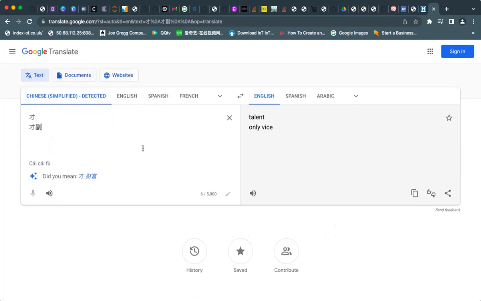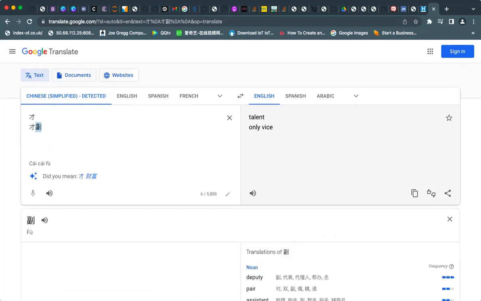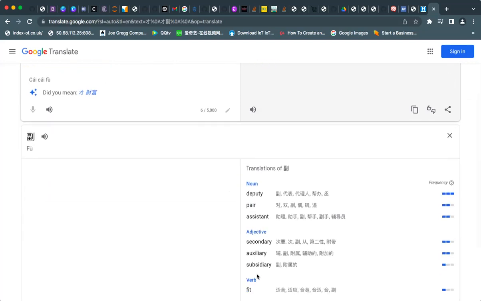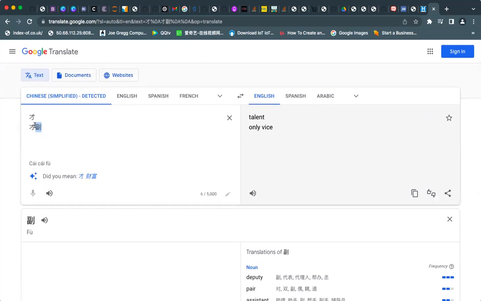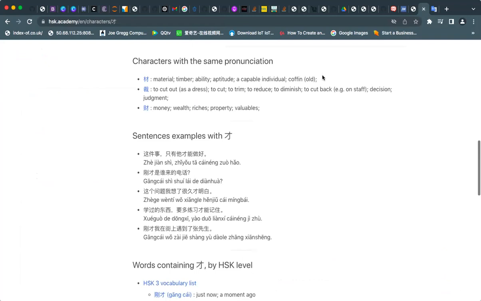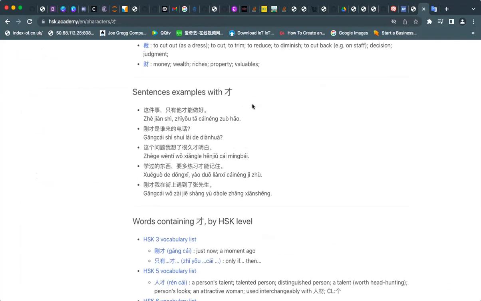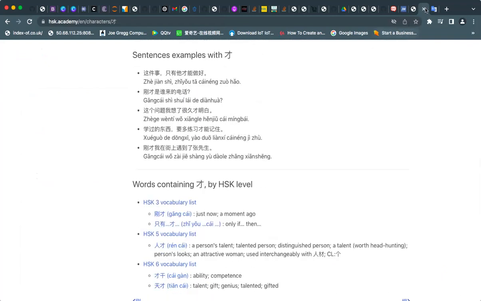This one is used as an auxiliary, it hasn't really changed much. It doesn't really alter the meaning of the sentence.